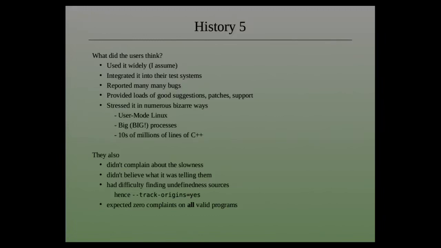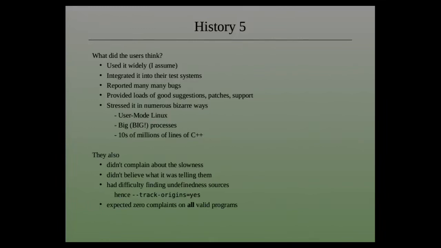Another phenomenon which you can observe, which is kind of related to not believing it, is that imagine this is the entire universe of all programs you could ever possibly have. And then inside this universe is the set of programs which are actually correct from a memory usage point of view, what Valgrind can detect. So people expect that if their program is actually correct, then Valgrind, or Memcheck, will not complain about it. And that's almost true, but not completely true.